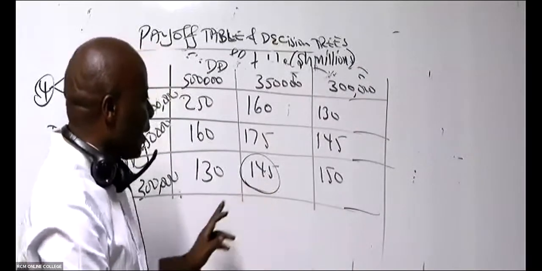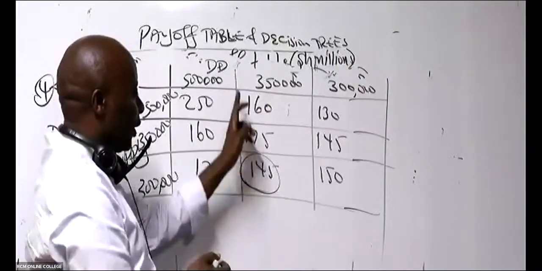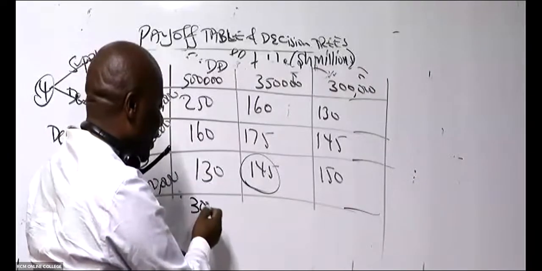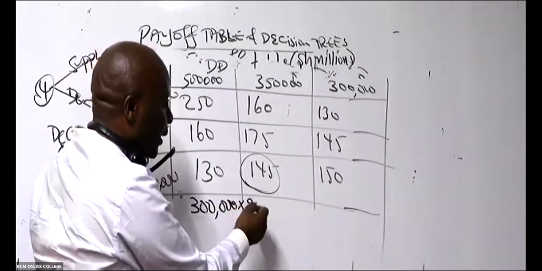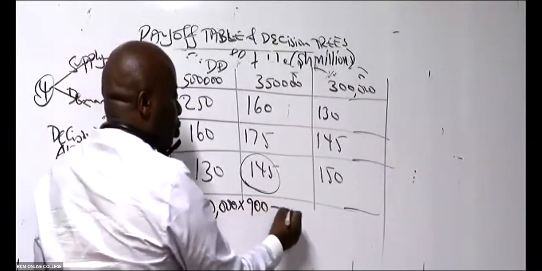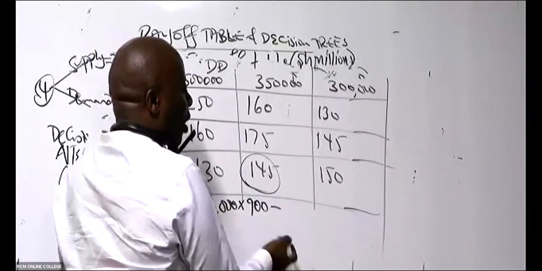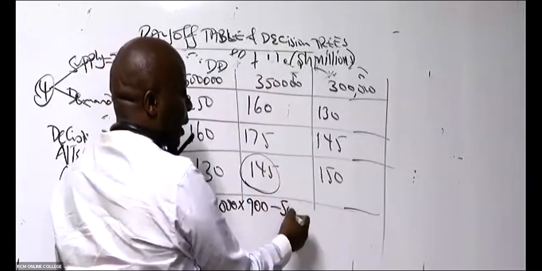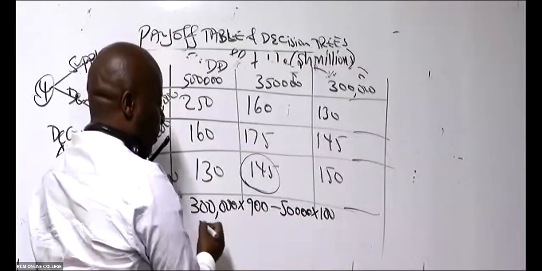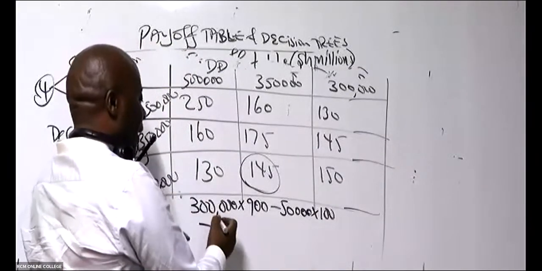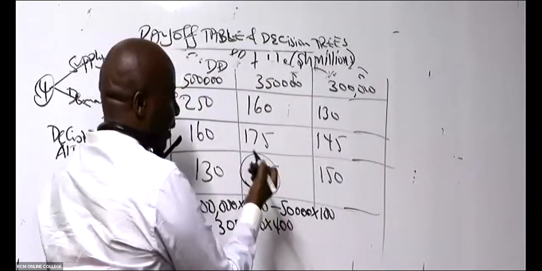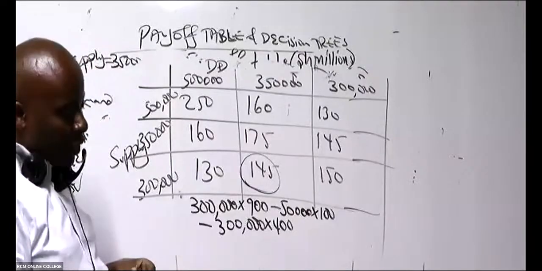So in this case, what I know, I will sell 300,000, the lower. You compare supply versus demand, so you sell the lower, 300,000, at 900. But then we have 2 costs. The first cost will be the cost of disappointing customers. How many customers shall we disappoint? 50,000. And for each customer you disappoint, you're losing 100. Minus the total cost of supply, which is 300,000 times 400 for supplies.